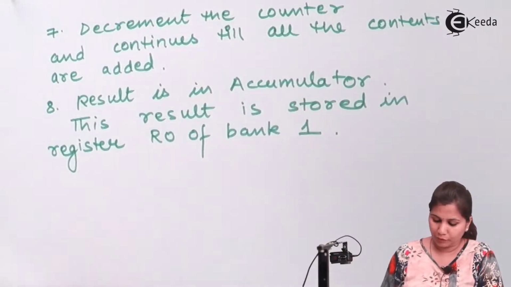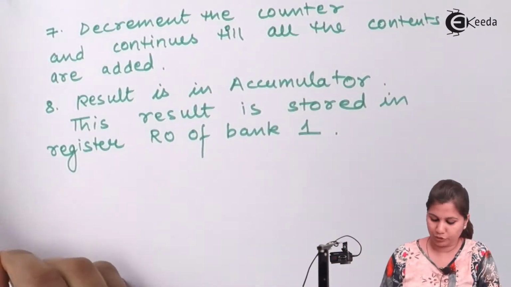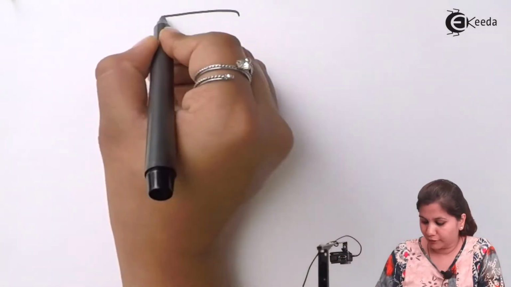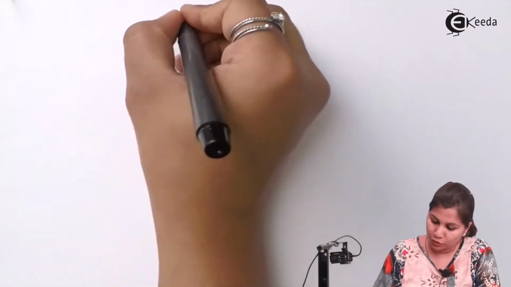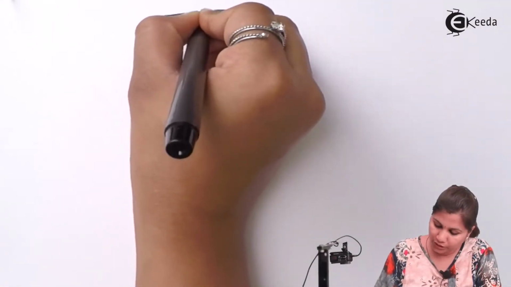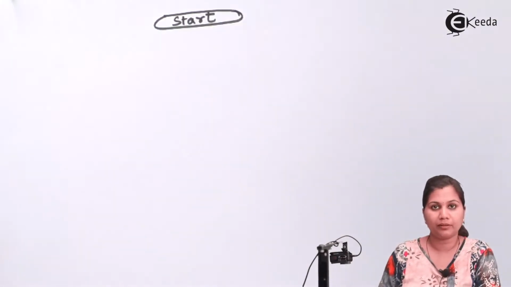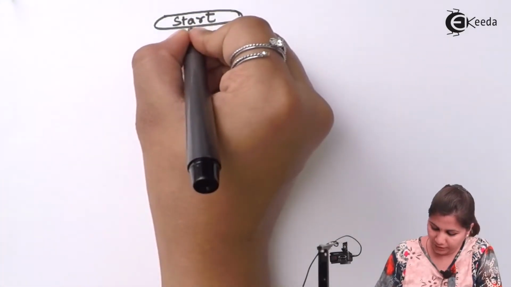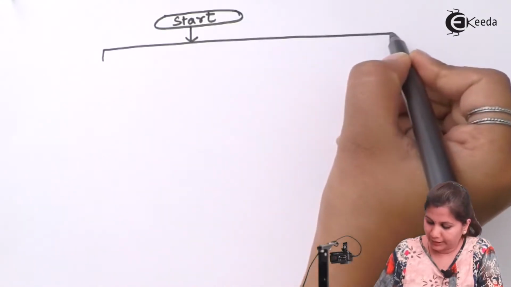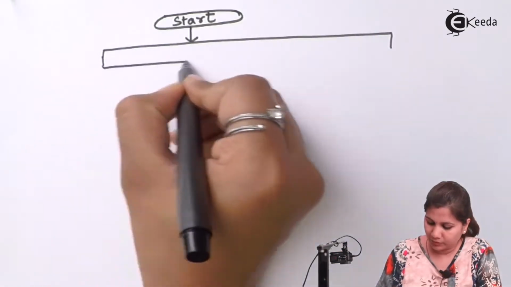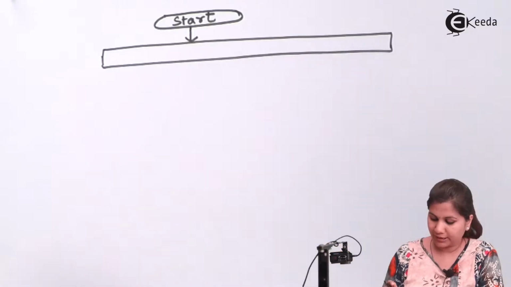So for this we will draw the flow chart. In the flow chart, first is the start unit. So this start unit is drawn in an oval shape. After that we have an arrow, and then rectangular blocks. What is our first step?